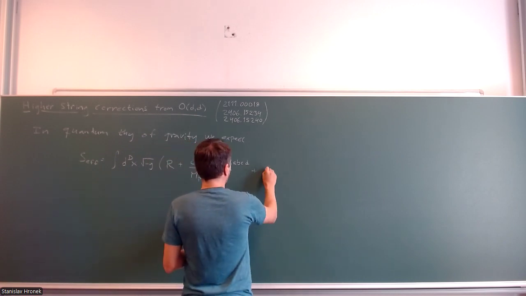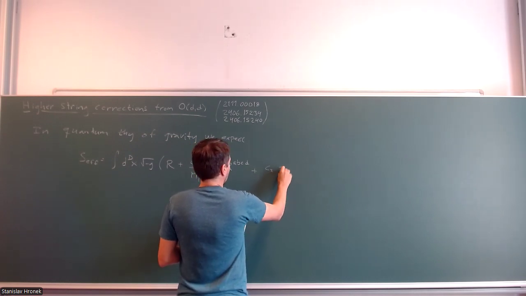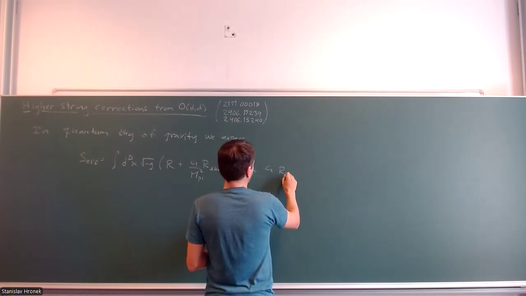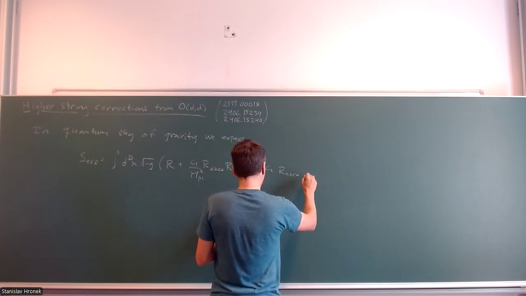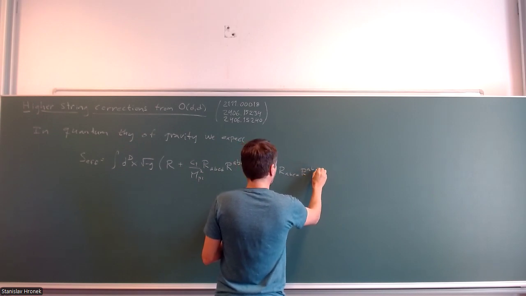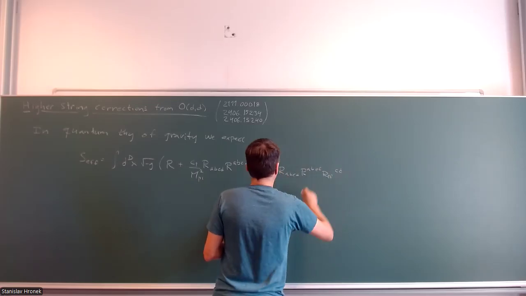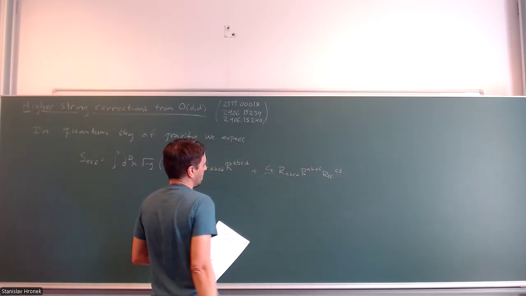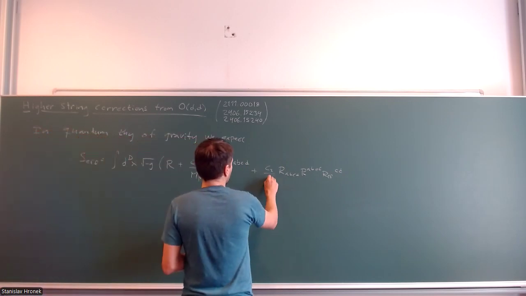For example, you can have the next order, C2, something involving the third power of the Riemann tensor. Let's just write one particular index structure. Of course, there are several that you can have. For example, you could have it like this. This would now have 6 derivatives.